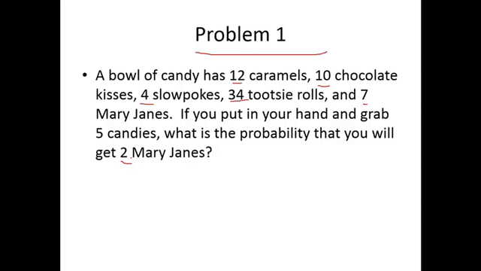But the way I phrased the question, there are only 2 categories. It's either a Mary Jane or not a Mary Jane. Because what is the probability you put in your hand, grab 5 candies, and get 2 Mary Janes? So Mary Janes is success, and everything else is failure.